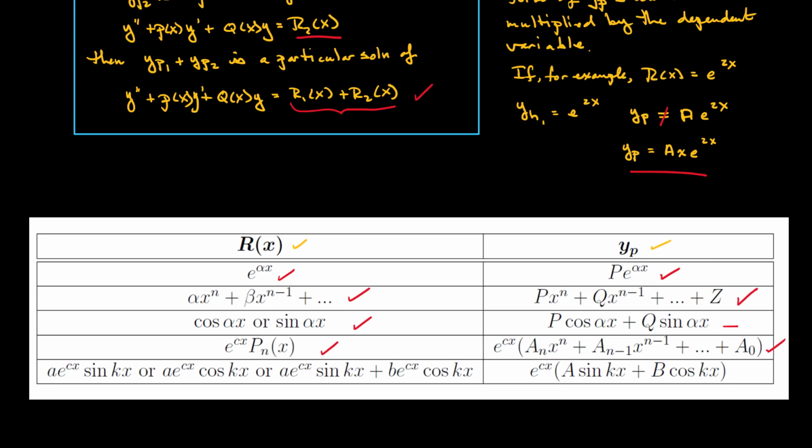Similarly, if you see any of these terms, so you have an exponential multiplied by a sine or an exponential multiplied by a cosine, or the summation thereof, then the proposed solution should be of this form here, where you have the exponential multiplied by the summation of a sine and a cosine with two undetermined coefficients. So this is a useful table to help us work through some non-homogeneous second-order ODEs.